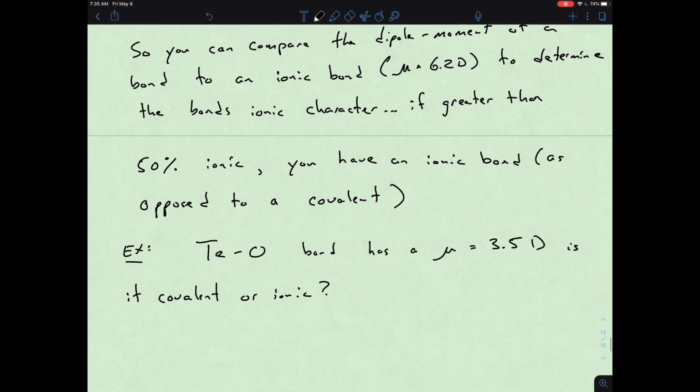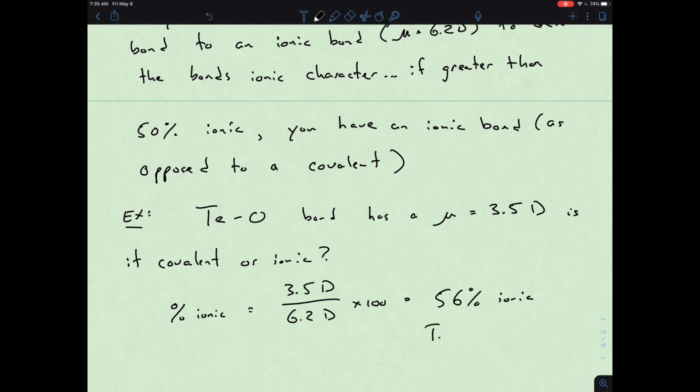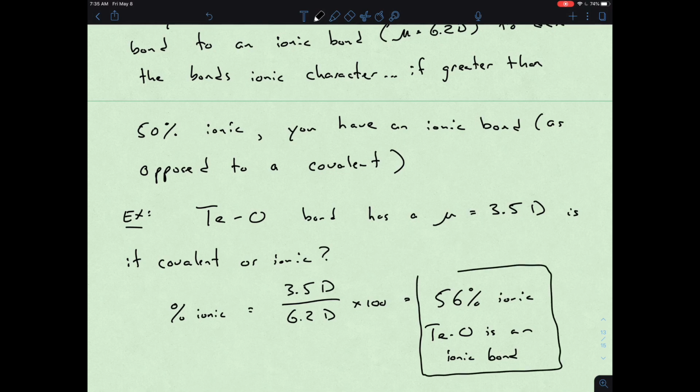And so you would just plug that in to really get a percentage. And in this case, we get 56% ionic. Tellurium oxide is an ionic bond in this fabricated example.